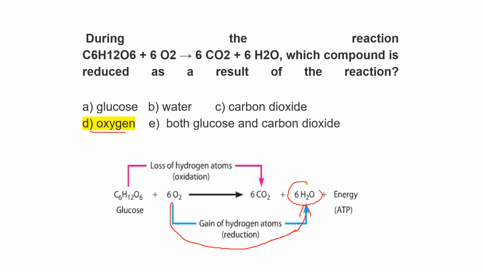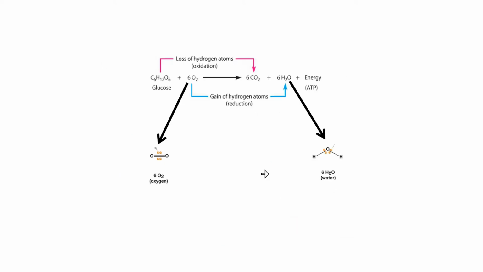So it's being reduced, and let's see at the molecular level what happened with the electrons. If you remember, with the oxygen, here they are sharing the electrons at a similar distance, so they are relatively far. However, when you see the water, the electrons are much closer, so it's being reduced.